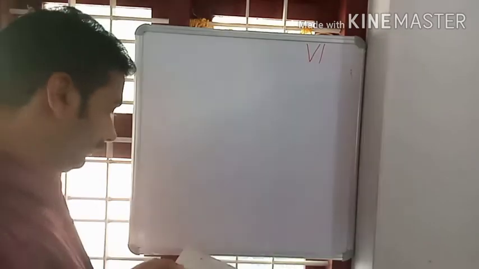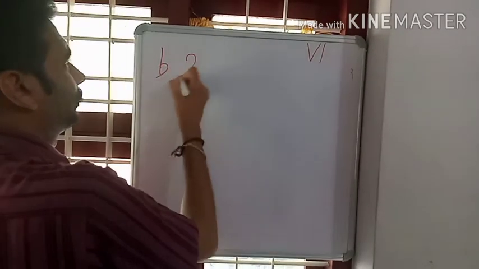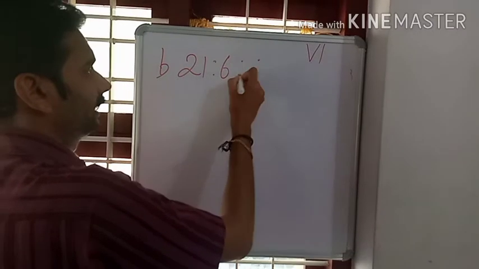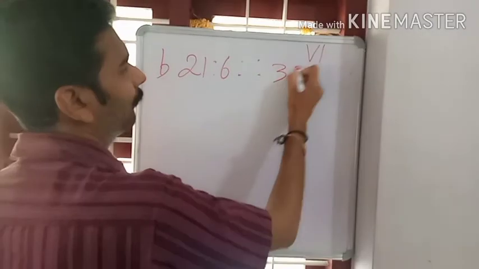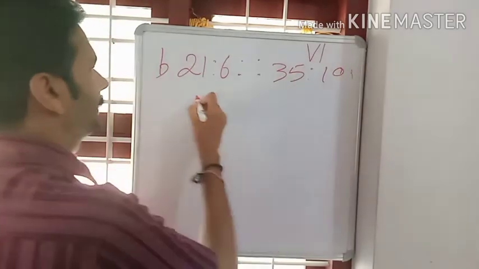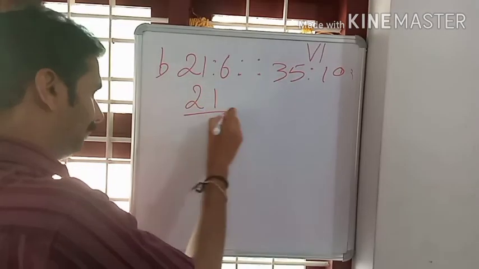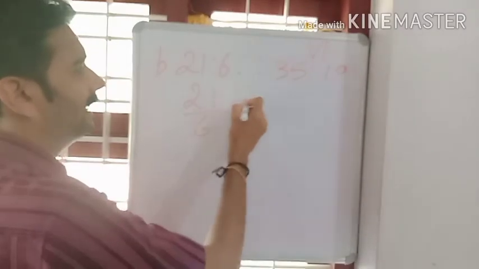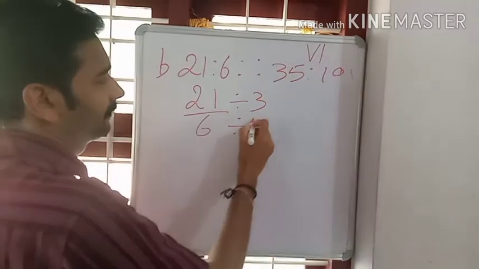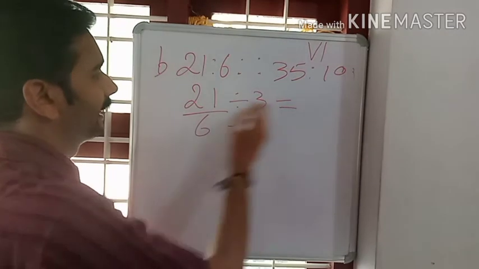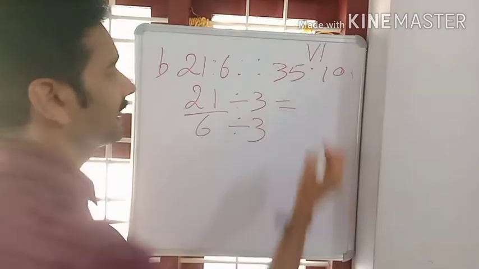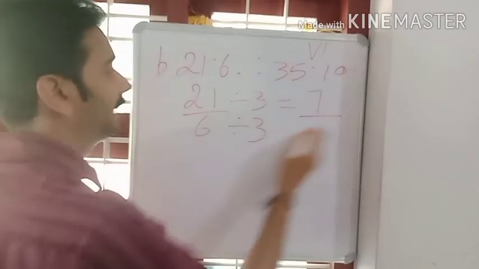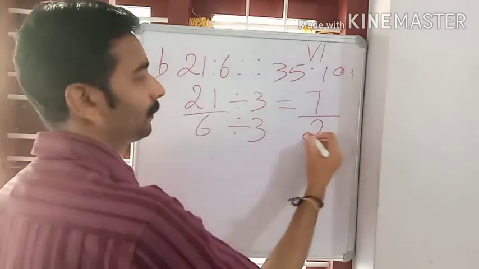Then B: 21 is to 6 proportion 35 is to 10. 21 upon 6 is divisible by 3. 21 divided by 3 is 7, 6 divided by 3 is 2, so 7 by 2.